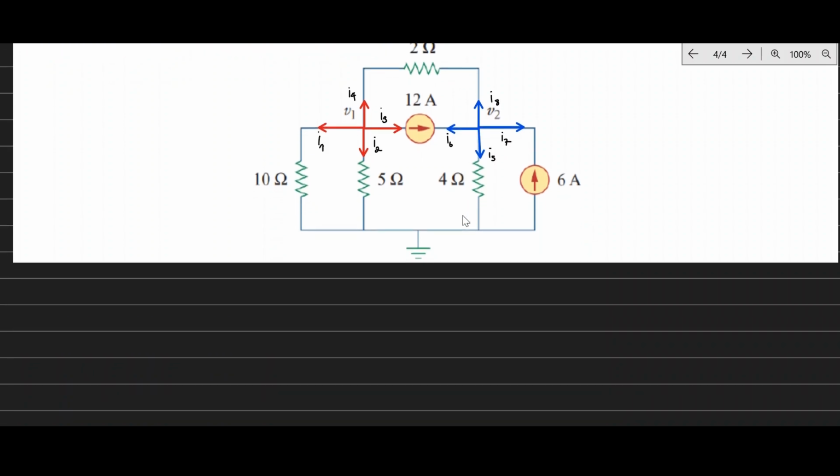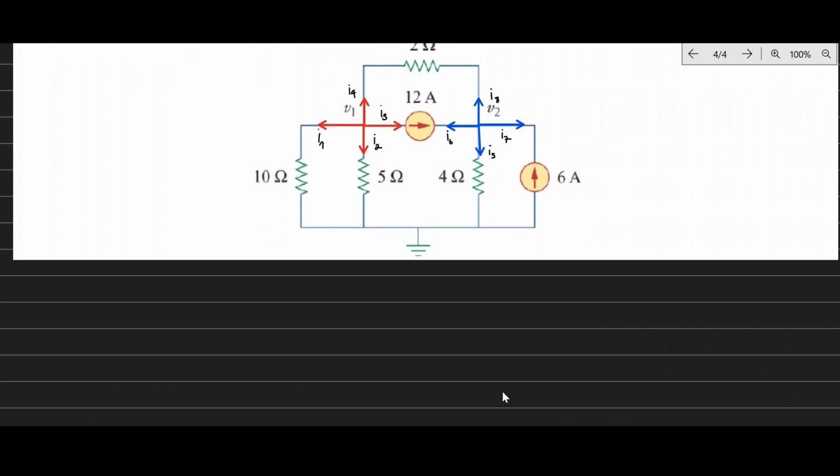The next thing is to apply KCL at that node. Remember that KCL says that the sum of the currents at that node must be equal to 0. So I1 plus I2 plus I3 plus I4 equals 0.